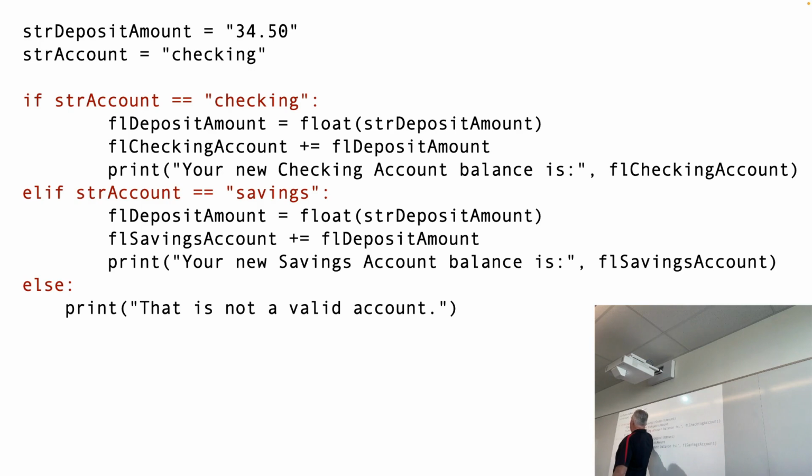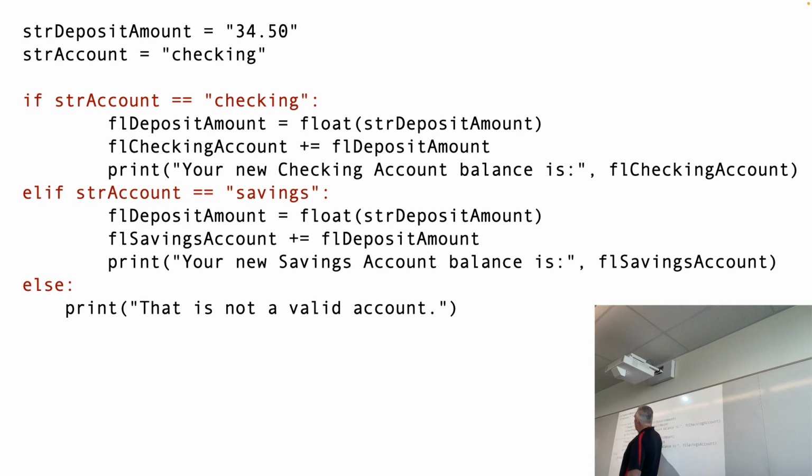It's a string right now, but that's okay. Later on, we'll change it to a float. Deposit amount and an account called checking. The reason I put this as a string is to emulate it as if a user input that using an input statement. So it would be a string when they input it.